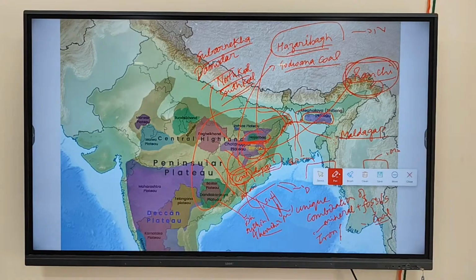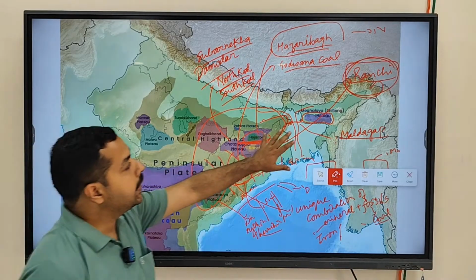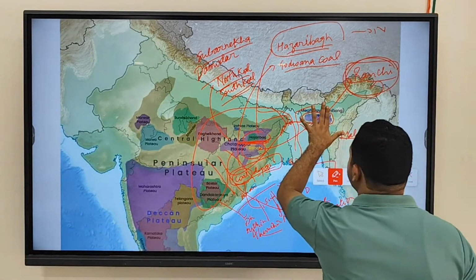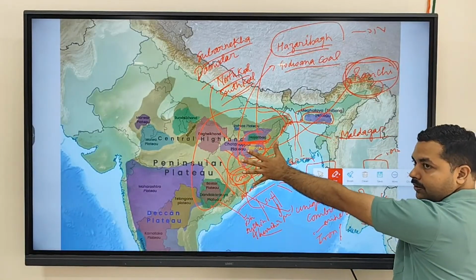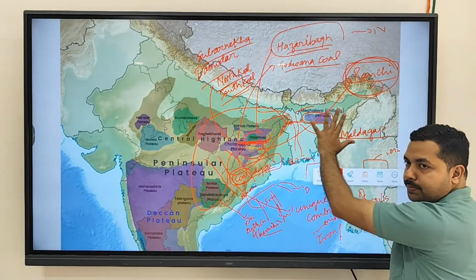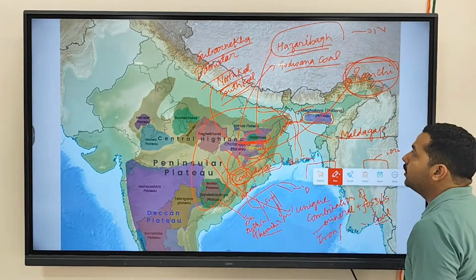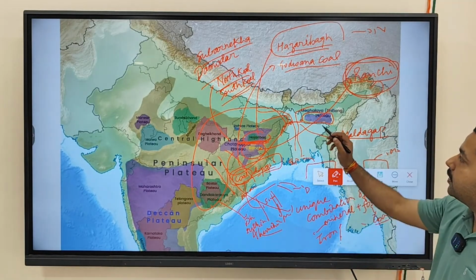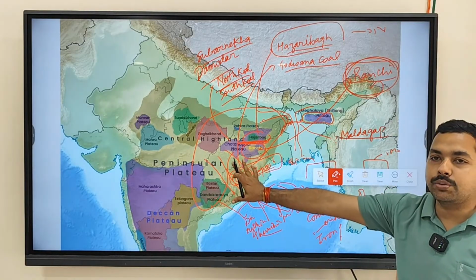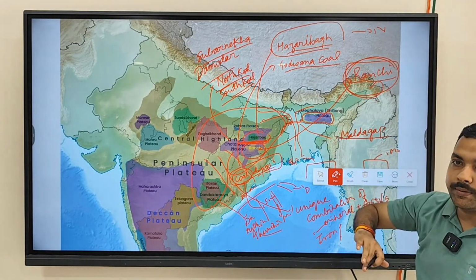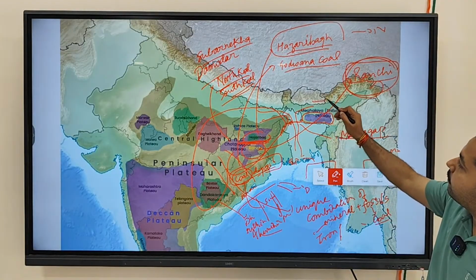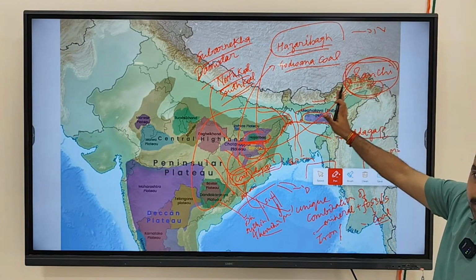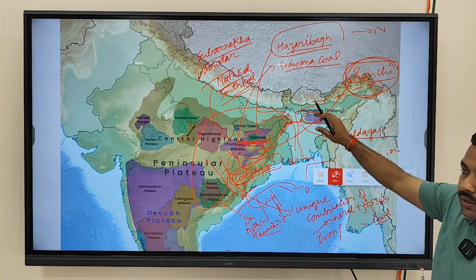Clear? Now, as we discussed, the Meghalaya region is an extension of which one? An extension of the Plateau region. So the hills of Meghalaya are a part of the Plateau. They are not part of the Himalayas. Remember. When we talked about Dafla, Miri, Abor and Mishmi, these are part of the Himalayas.